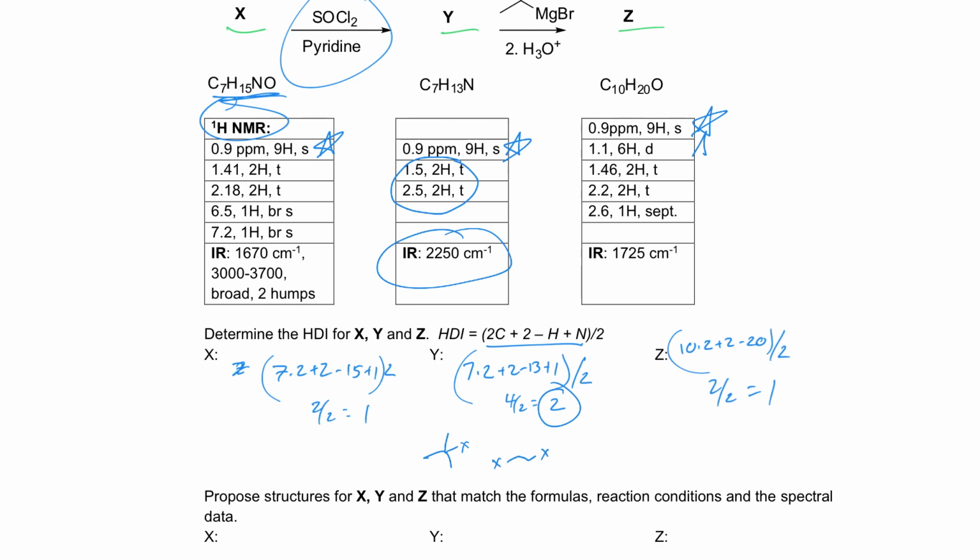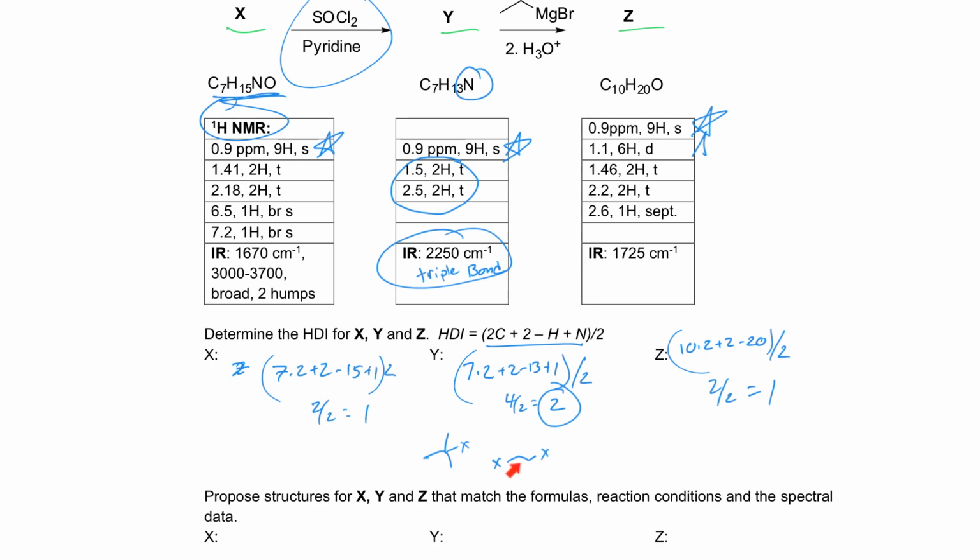And if we remember that the IR signal at 2250, or anywhere near 2100 to 2300, is a triple bond. So this could maybe be a CC triple bond, or maybe, remember there's an N here, maybe it's a CN triple bond. And what do I have left if I count my formula? I've got 4 carbons here and 2 here, that's 6.